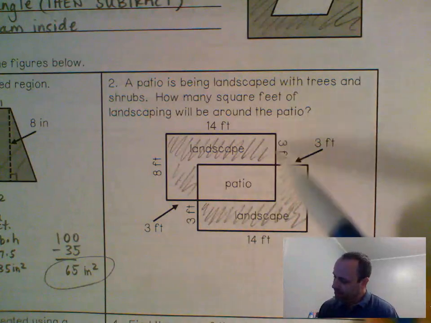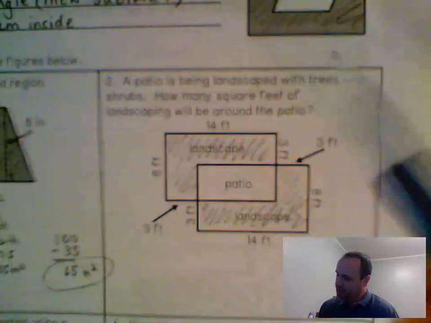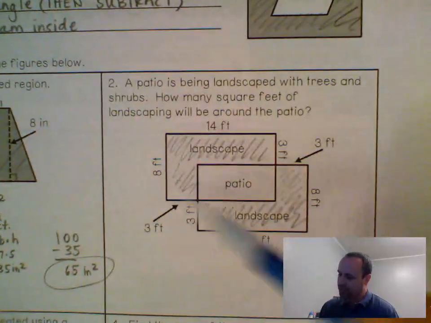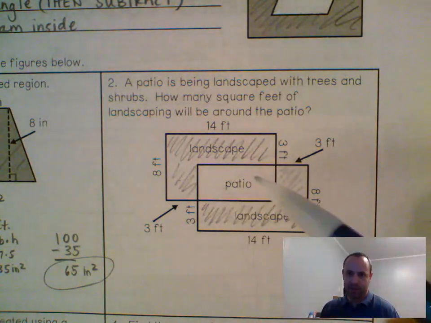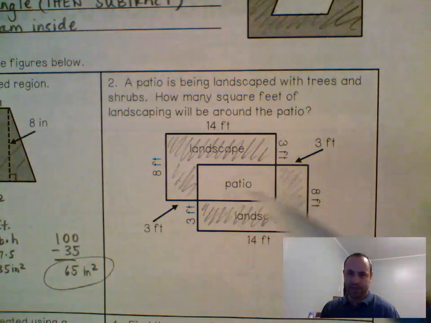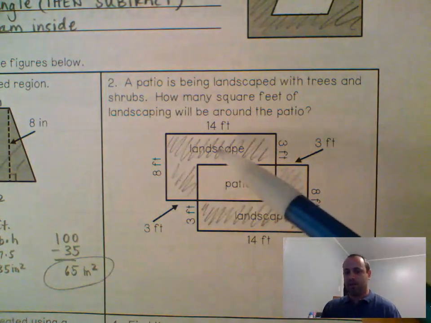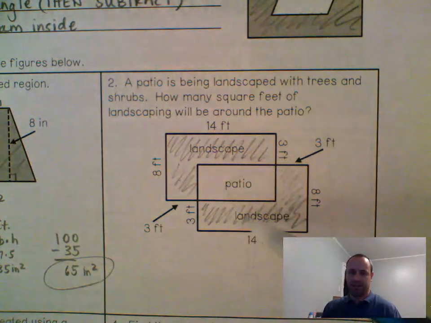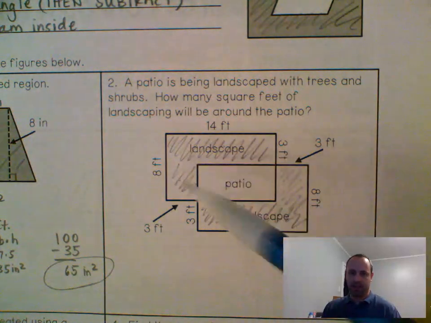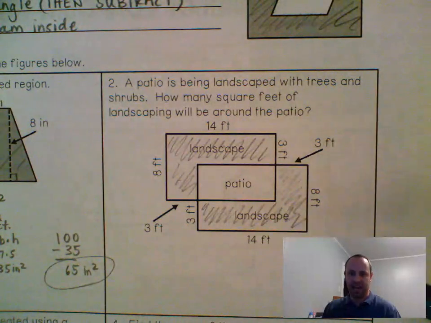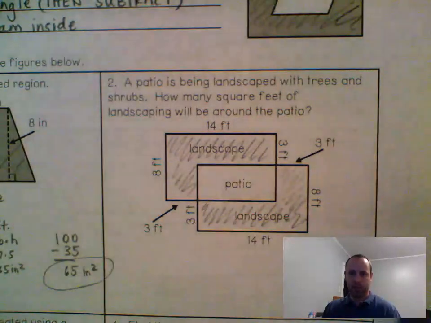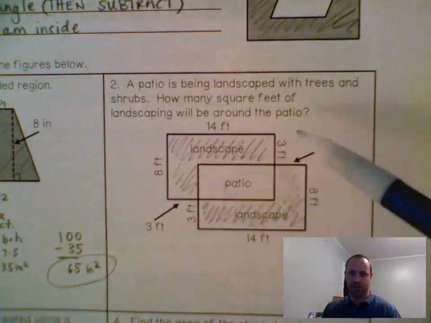Here's a rectangle. So maybe you could find this rectangle and then subtract out this middle part. And then whatever number you get there, maybe times it by 2, because there's 2 of them. There's one of them here and one of them here, and they look like they're the same dimensions, because this is an 8 and 8, that's a 14 and a 14, and this is a 3 and a 3.